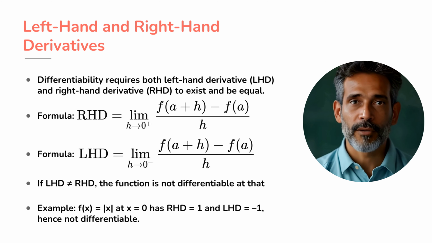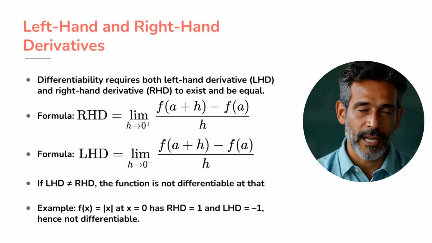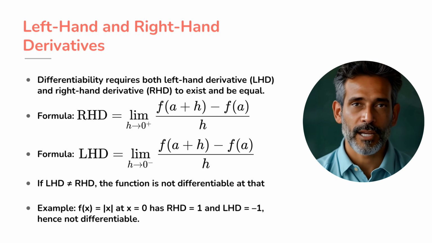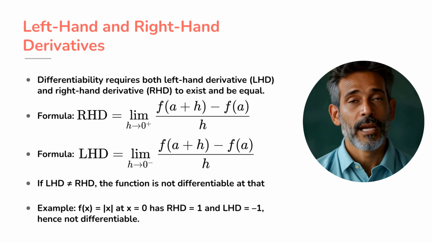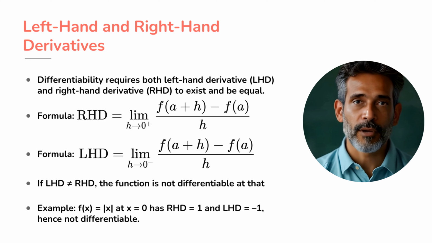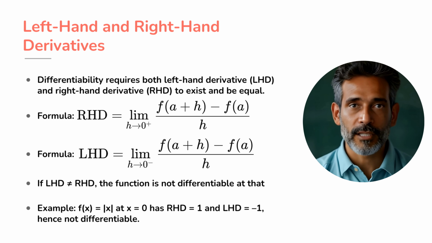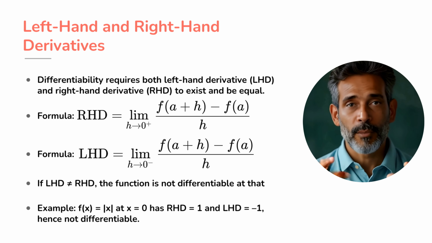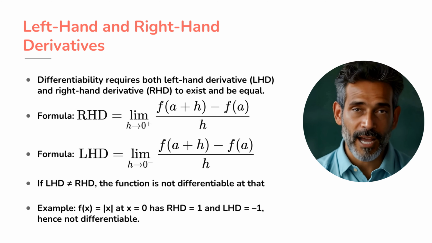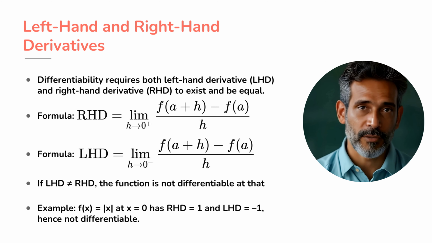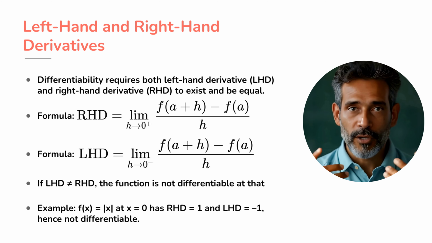The right-hand derivative is defined as limit as h tends to 0 from the positive side of [f of a plus h minus f of a] divided by h. The left-hand derivative is defined as limit as h tends to 0 from the negative side of [f of a plus h minus f of a] divided by h. For differentiability at x equals a, both left-hand derivative and right-hand derivative must exist and be equal.